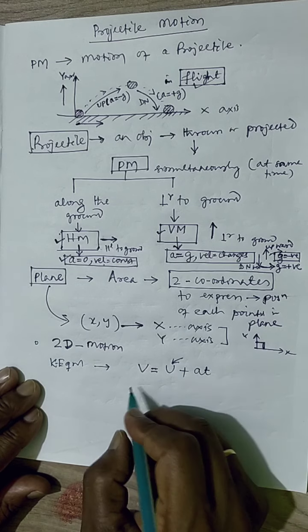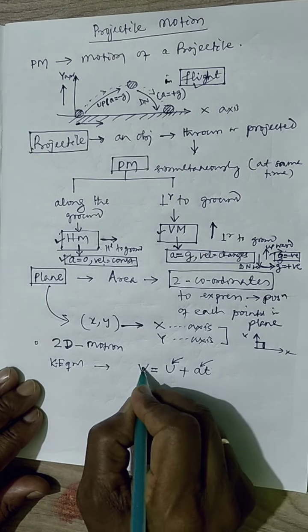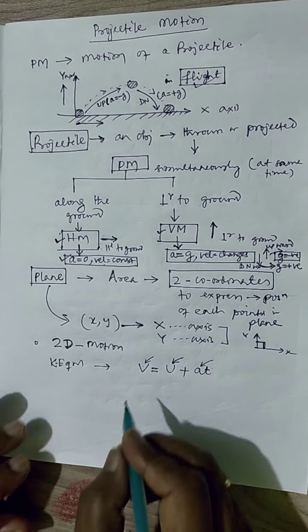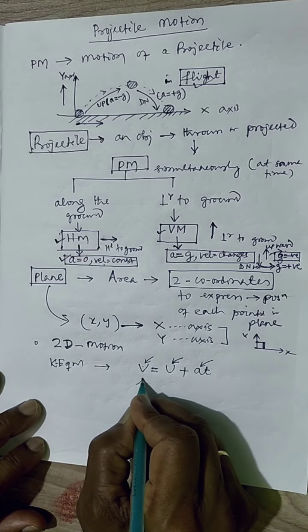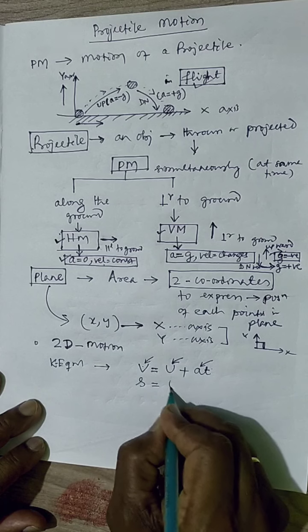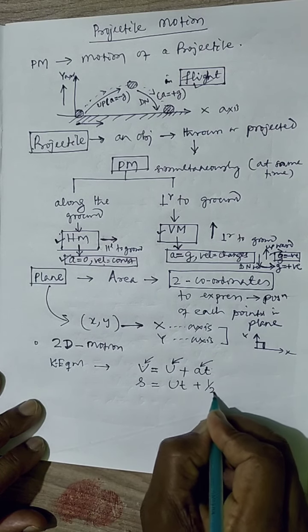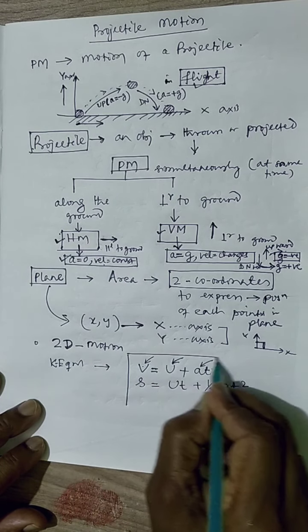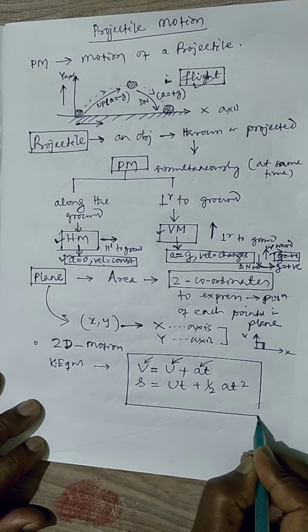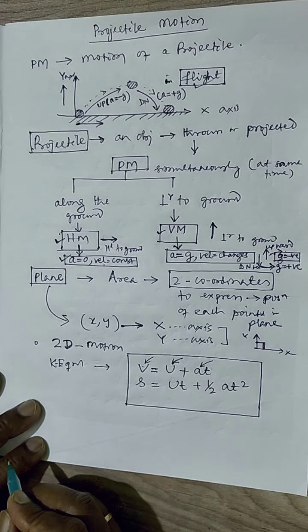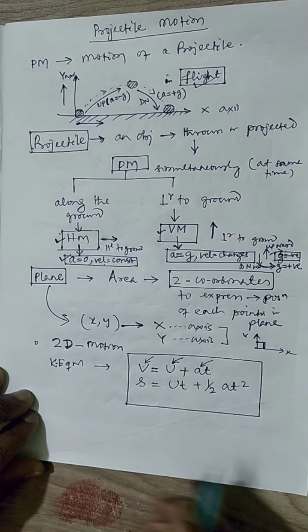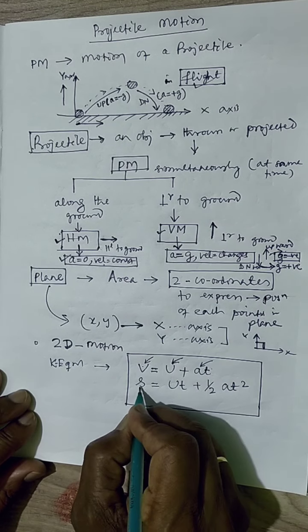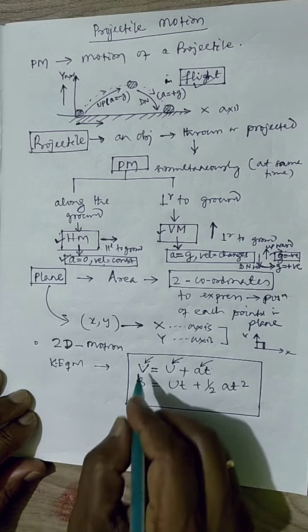If it moves with certain acceleration, after a certain time it will attain its final velocity. And after a certain time it will move a certain distance, s equals ut plus half at square. These two equations were already studied in previous class. Using these two equations, we can find out the distance it has moved and the velocity after certain time t.